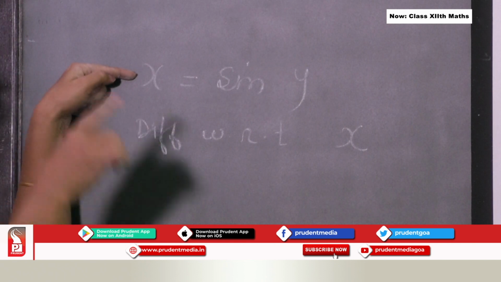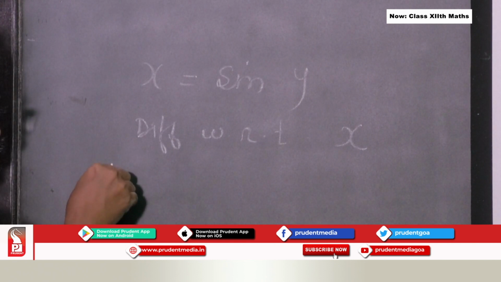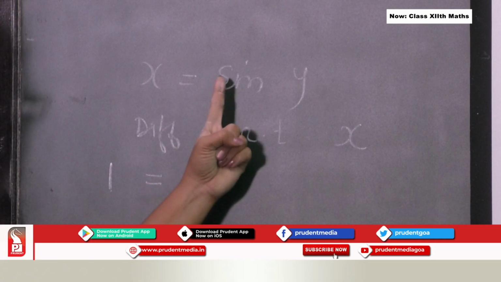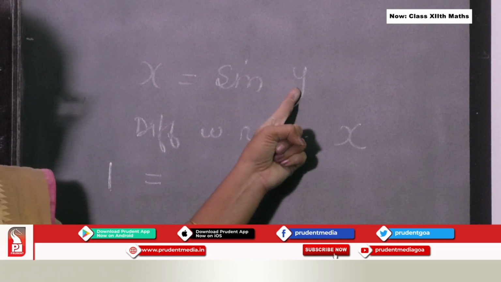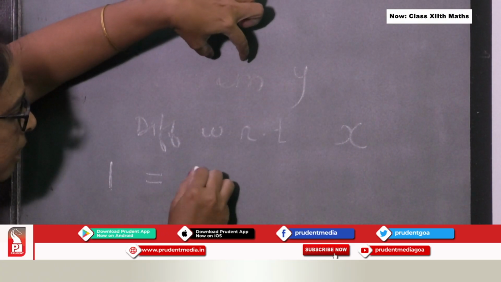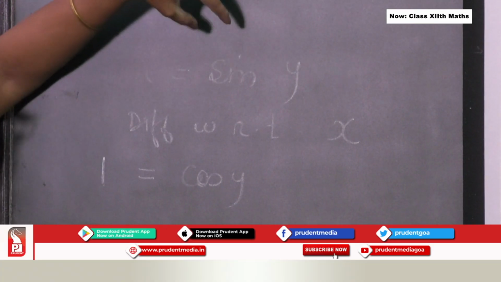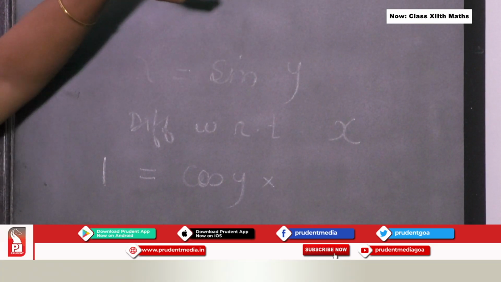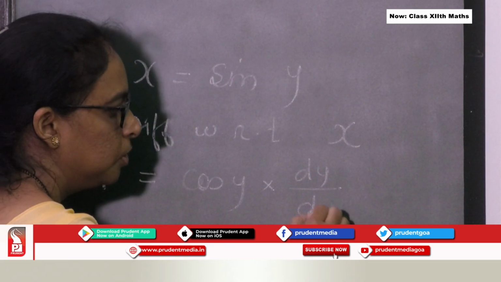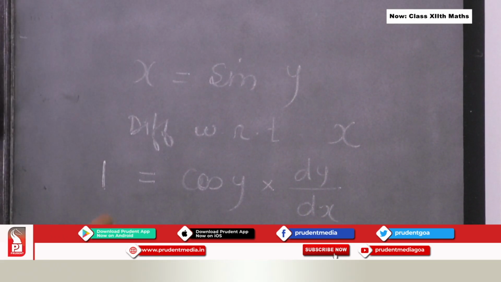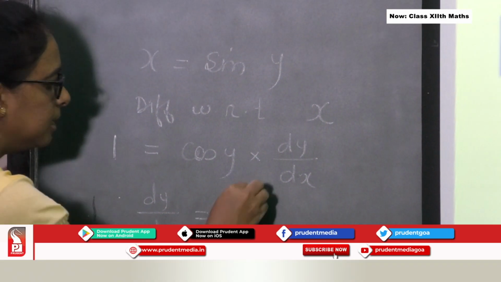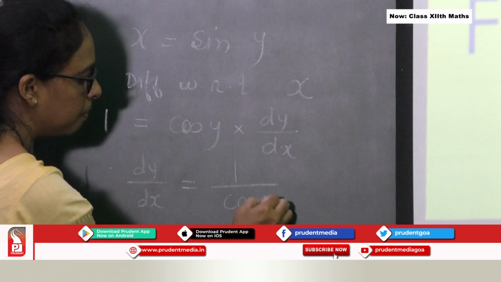So x when differentiated with respect to x, the derivative is 1, equal to the derivative of sine y with respect to x. The derivative of sine y is cos y, but then we multiply this by dy by dx as we learnt in the previous concept. So I get my answer for dy by dx as equal to 1 upon cos y.